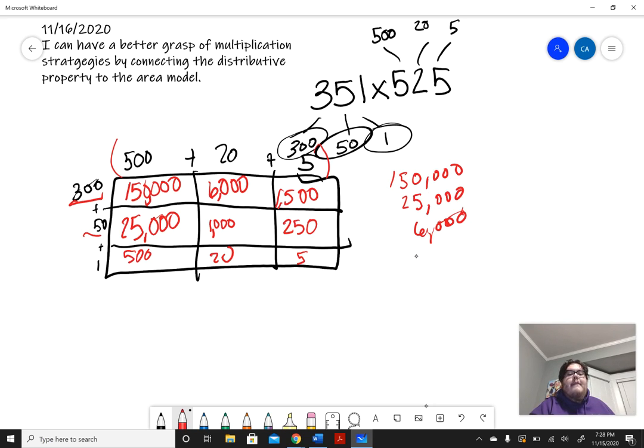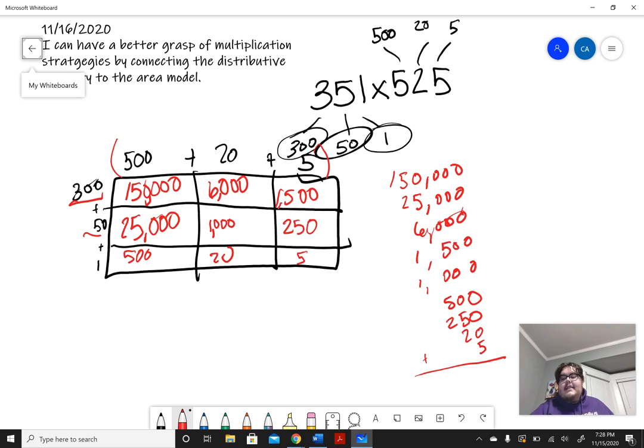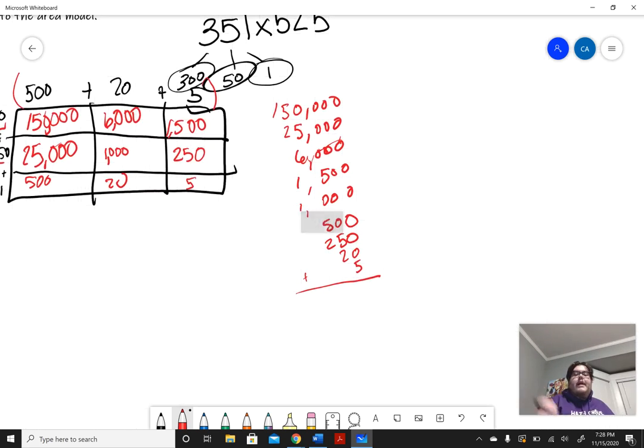The only thing that matters is that you get your place value lined up. So your ones with your ones, your tens with your tens, your hundreds with your hundreds, and so on and so forth. But this just organizes in my brain better, so that's how I wrote it out.